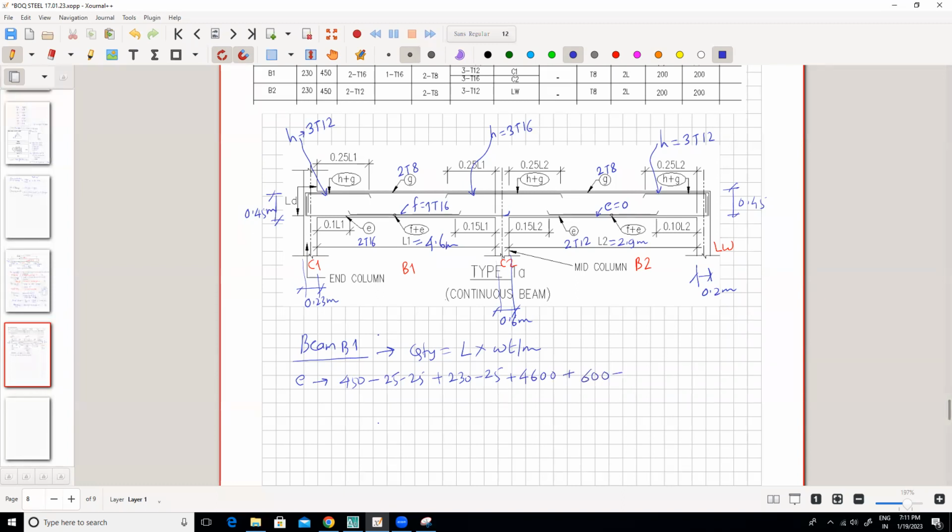I hope all of you are getting this. Do all of you understand what I am doing? So what is the value?